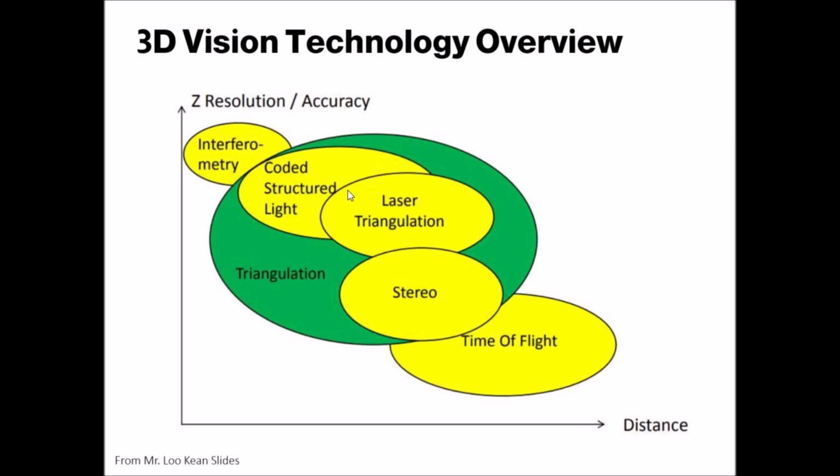We have many parameters, not only these two, but these are the most important parameters. If you are looking for a little longer distance, maybe you can take stereo or time of flight. It depends on the situation you are going to solve or use in industry. You can see stereo is in the middle, and that's why a lot of engineers are trying to use this technology, because it's widely used, especially with robotics systems and mapping.